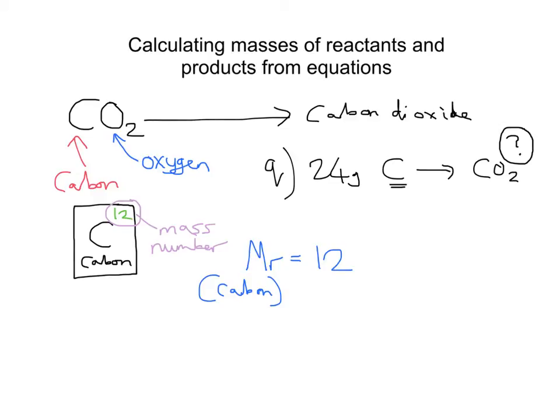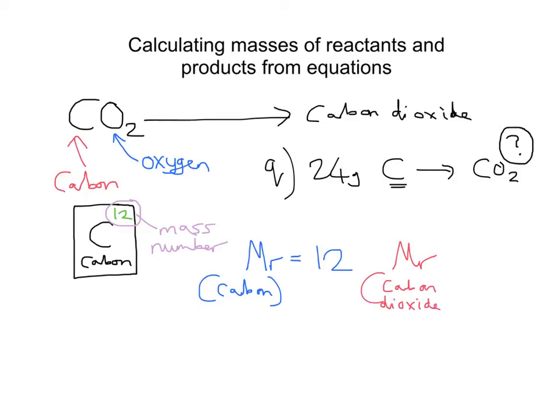Now if you did the same for CO2, the actual compound carbon dioxide, we work out the relative atomic mass of the carbon, which is 12, so this time we're looking at the Mr of carbon dioxide.